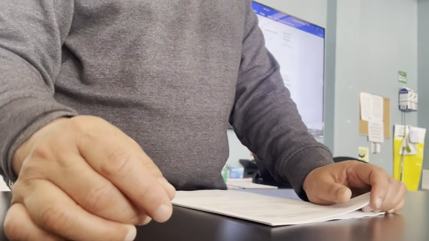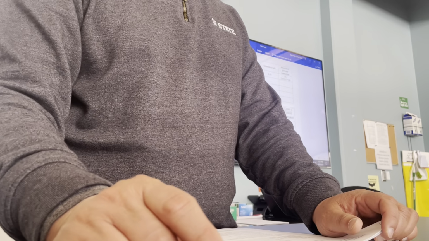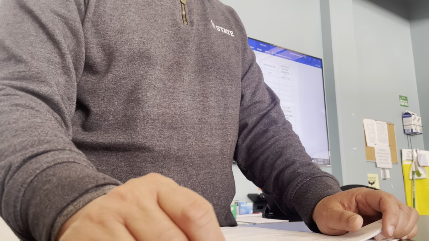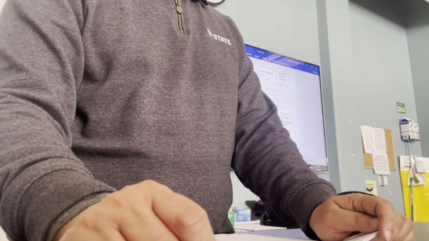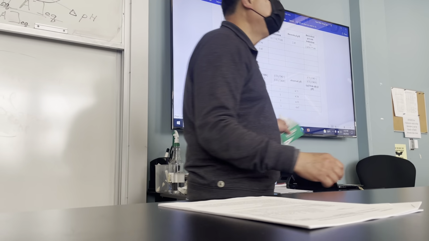Good position? I believe so. Can you see the screen? I can't see it, but I think it is. No, the other way. Like that. Okay.